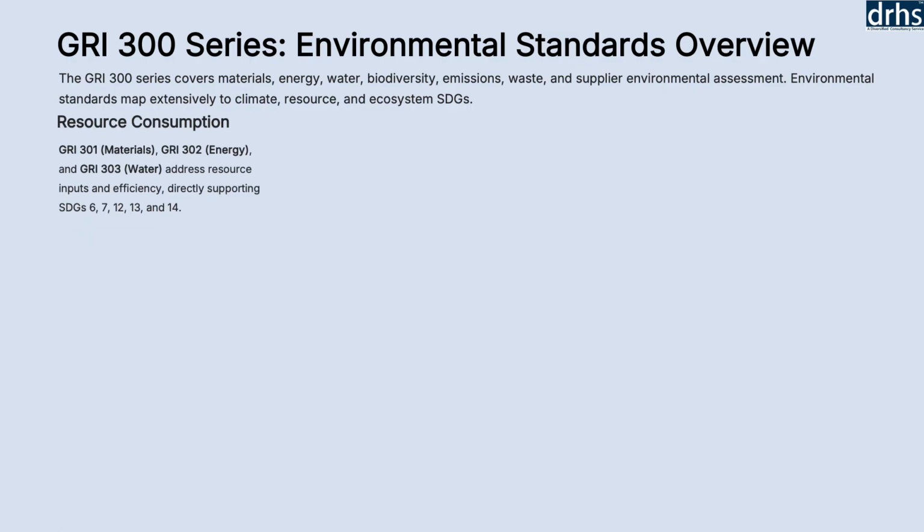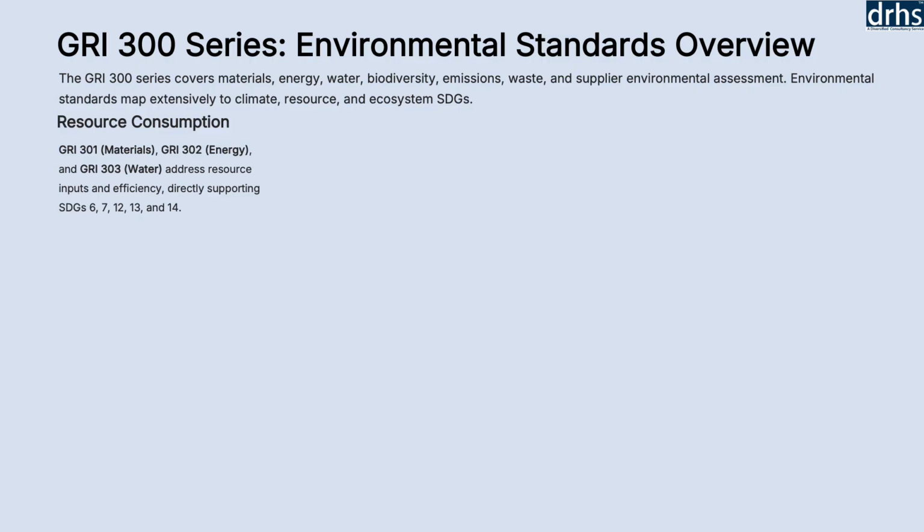Resource consumption. The resource consumption standards focus on how organizations use materials, energy, and water. GRI 301 Materials addresses material inputs, recycled content, and circularity, supporting SDG 12 on responsible consumption. GRI 302 Energy requires disclosure of energy consumption, efficiency improvements, and renewable energy use, aligning with SDG 7 and SDG 13.